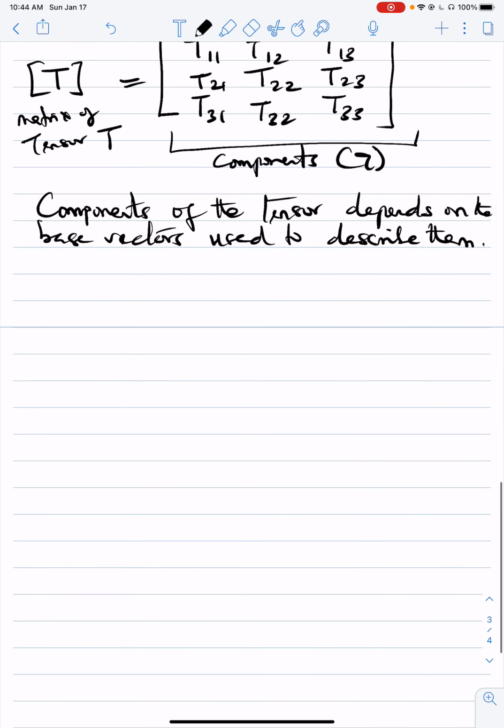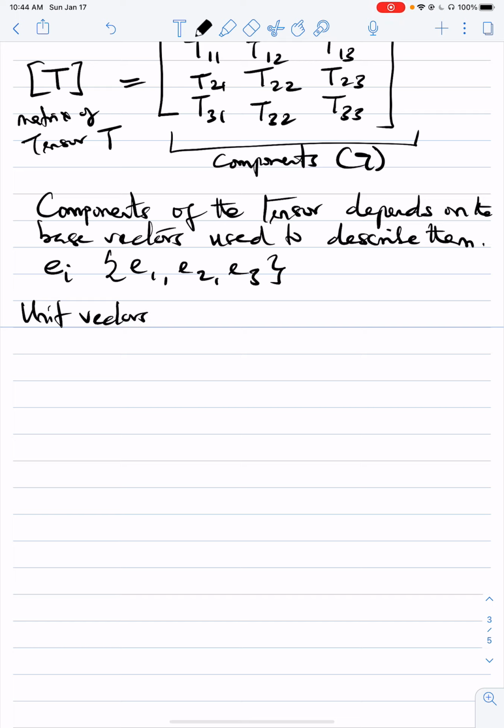Now, if we use base vectors Ei, that is E1, E2, E3, to describe this tensor, then the components will be in that form, right? These are the unit vectors E1, E2, and E3 in the direction of, let's say we have three axes, x1, x2, and x3.